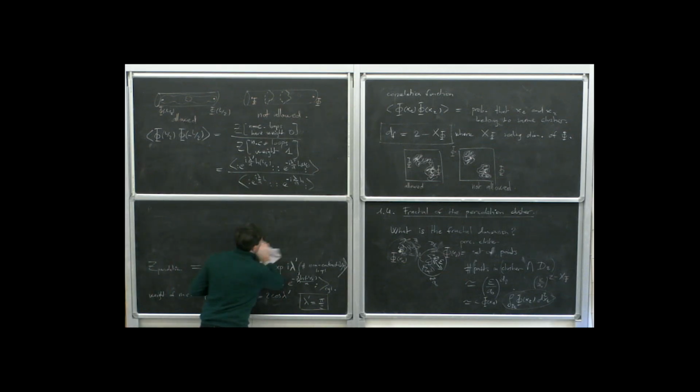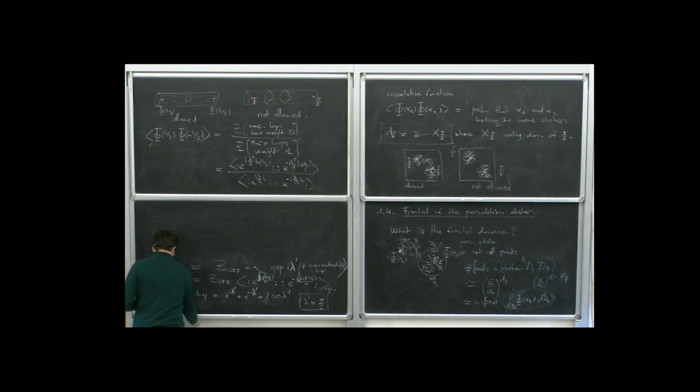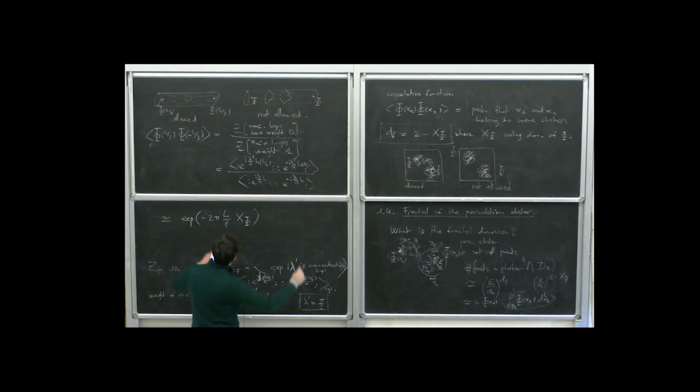The point is that this decays as exponential minus 2 pi capital L over L times the scaling dimension of phi. This is how the scaling dimension pops out when you look at correlation functions on the cylinder for operators that are very far apart.